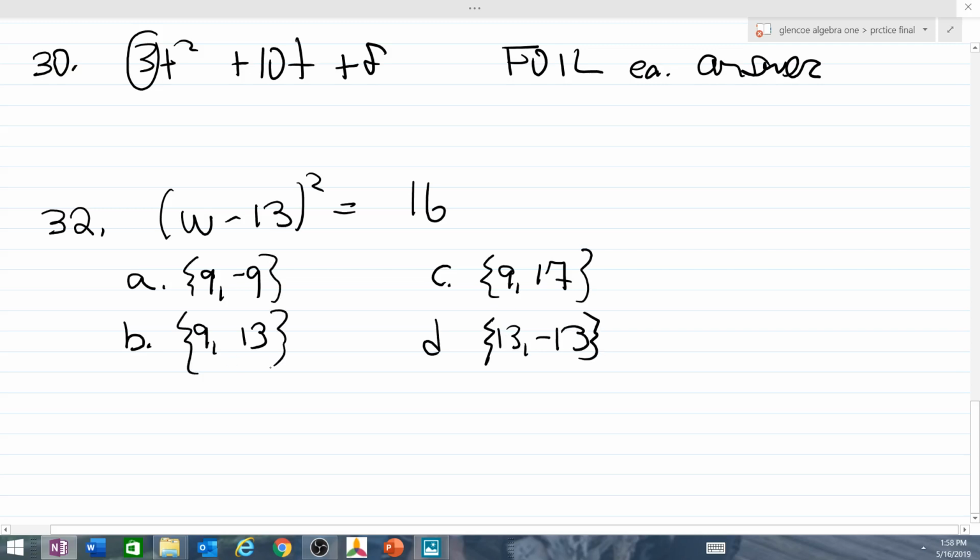Basically, you would have to do this by using the square root property. However, on an exam, on an SAT or an ACT, you don't have time, so we're going to plug the answers in.